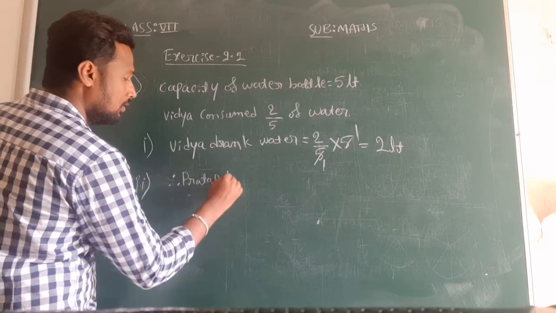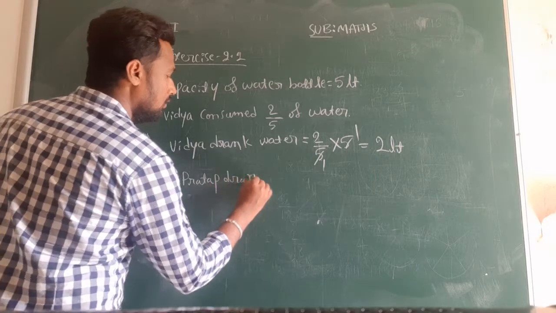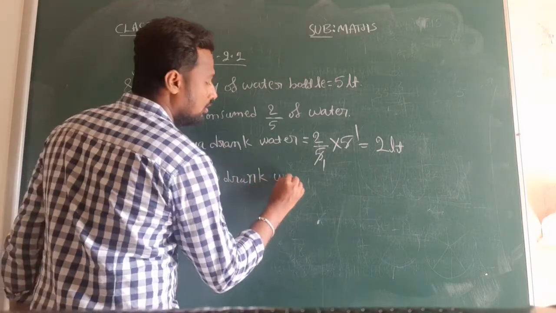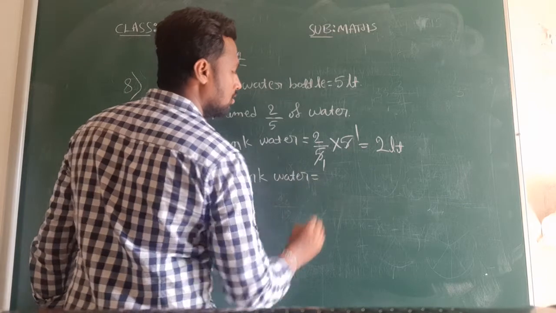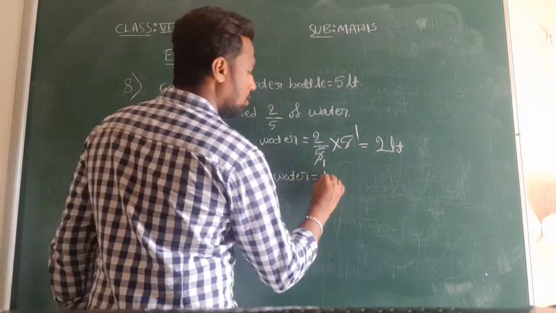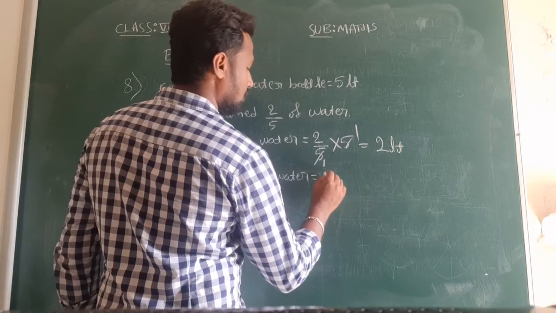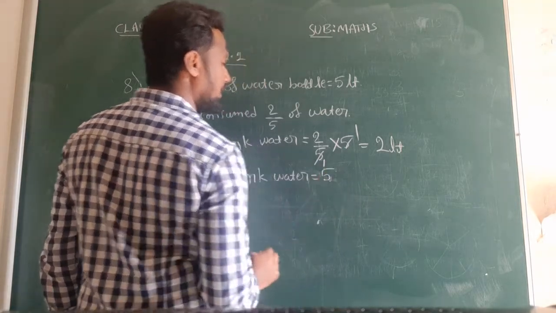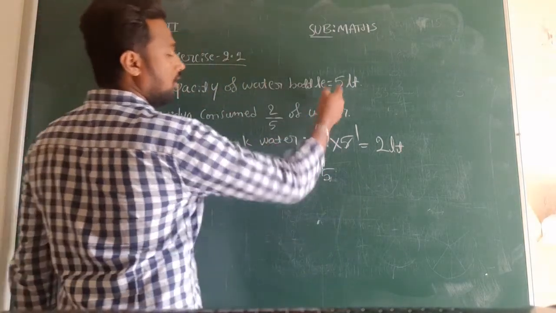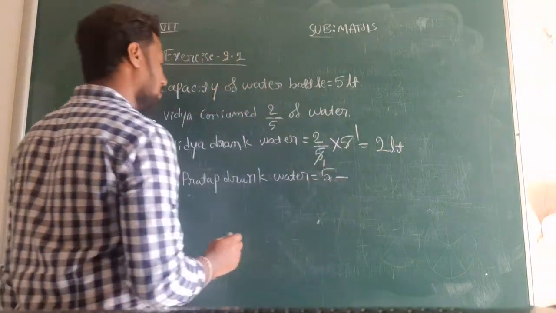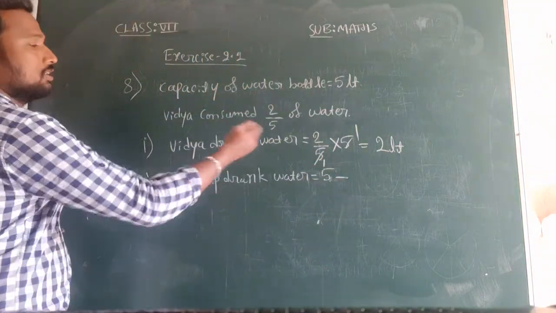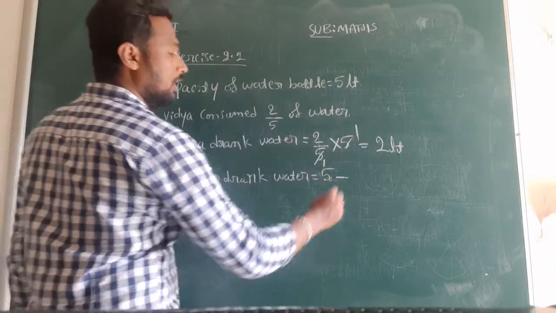Pratap drank water equals the total amount of water, that is 5 liters, and Vidya drank 2 liters.